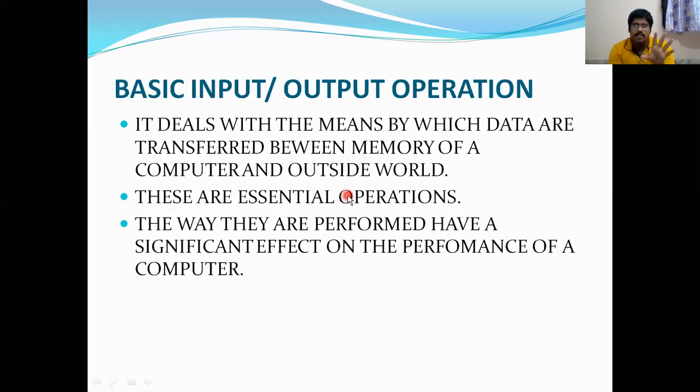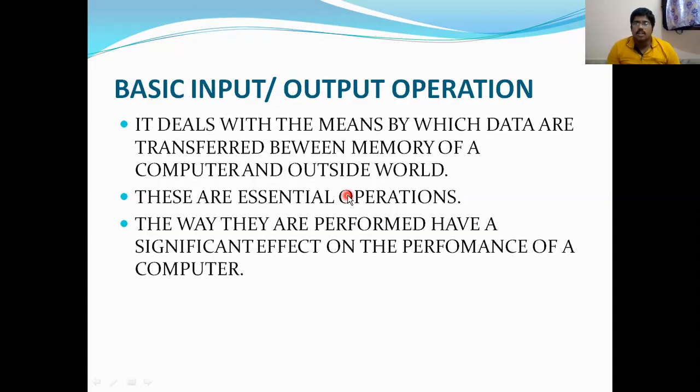It depends on how it performs input output operations, how fast, and how accurately. Based on that, I evaluate whether it is a good computer or a bad computer.